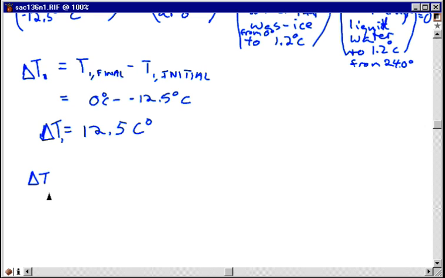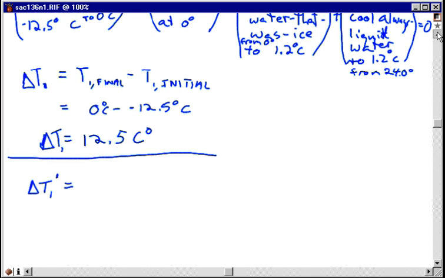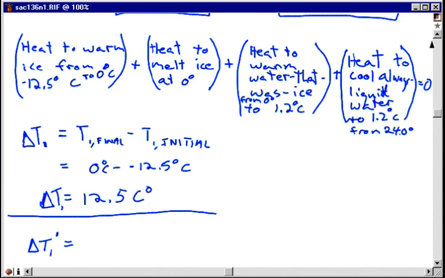Delta T1 prime is what I'll call the temperature change. Well, let's title this one: warming ice, from minus 12.5 degrees Celsius to 0 degrees Celsius.